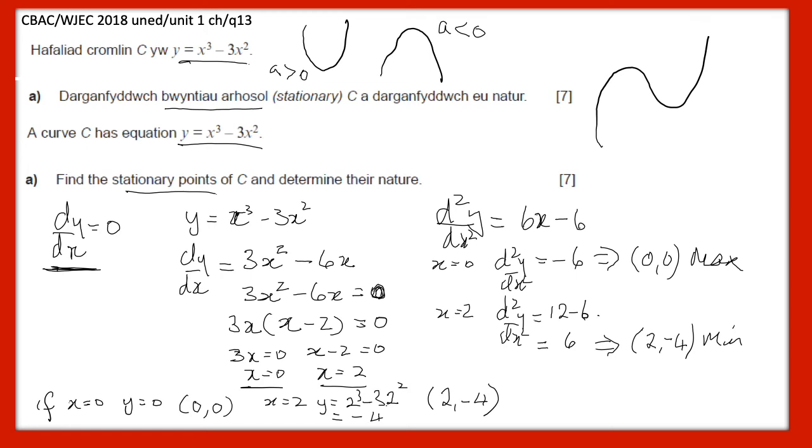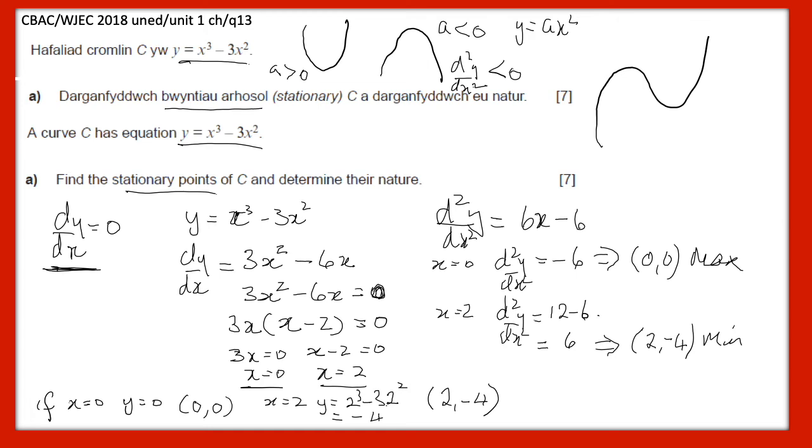Now, because these are of the form ax squared, if I differentiate it, I'll get 2ax, differentiate it again, I'll get 2a. And clearly, if a is less than 0, d2y dx squared is less than 0. That's clearly a maximum point.